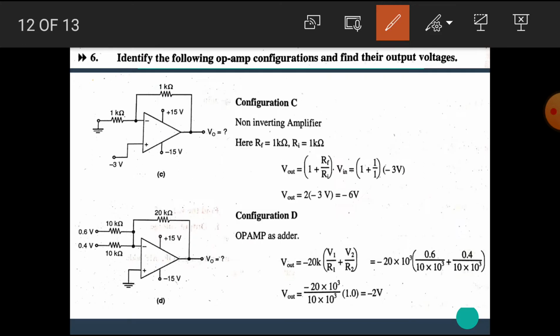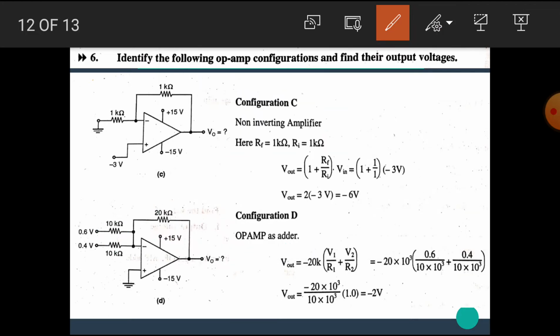Okay, the next diagram is, in this we can see the two signals are given to the inverting terminal, keeping the non-inverting terminal to ground. Hence it is the inverting type op amp as an adder. Here the Rf has the value 20 kilo ohm and input has the value 10 kilo ohm.